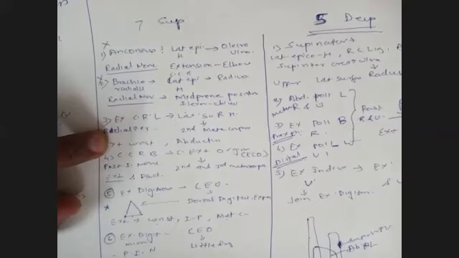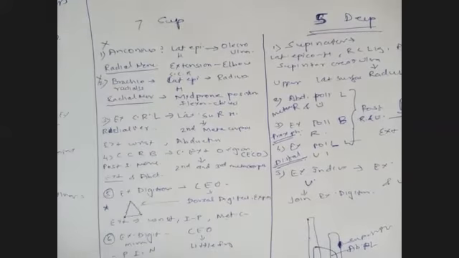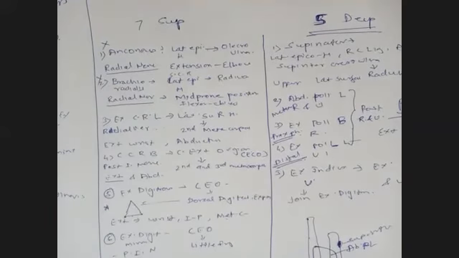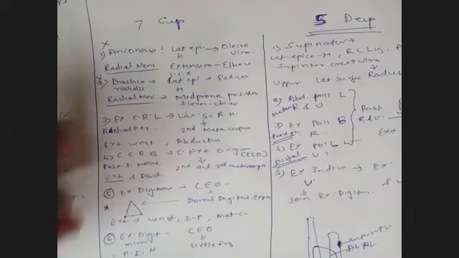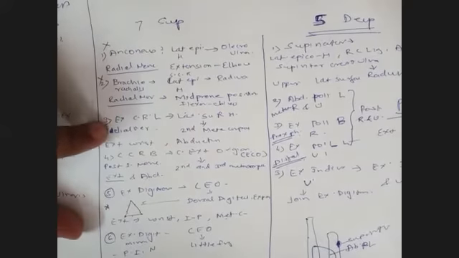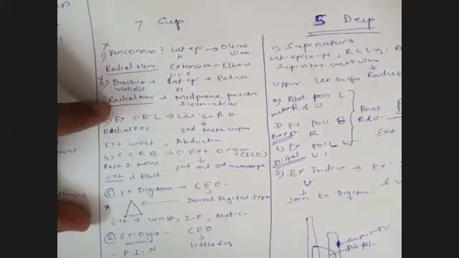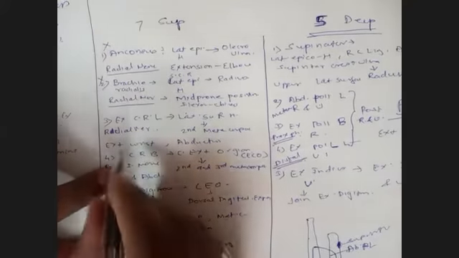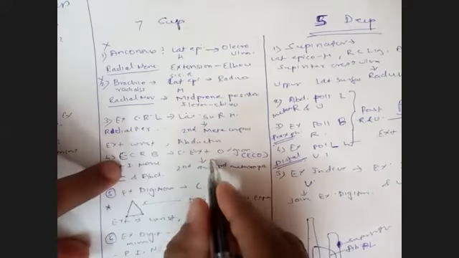Extensor carpi radialis longus and brachioradialis, apart from the common extensor origin, take origin from the lateral supracondylar ridge. Extensor carpi radialis longus takes origin from the lateral supracondylar ridge, lower 1/3 to upper 2/3. Then there is extensor carpi radialis brevis.